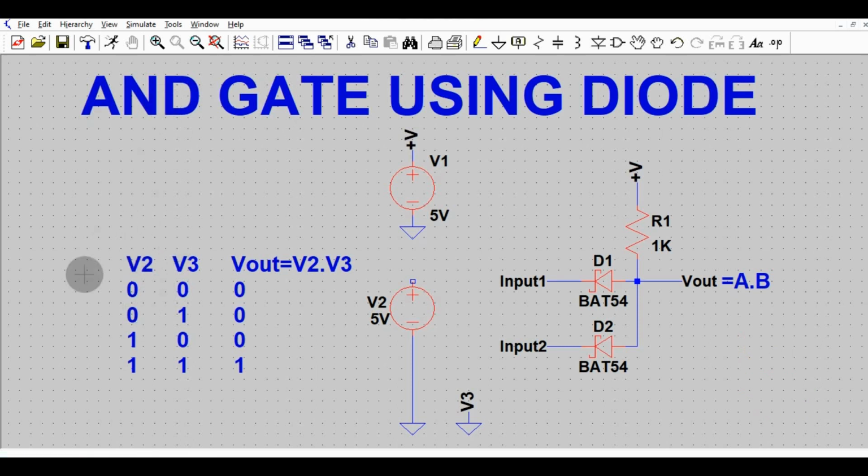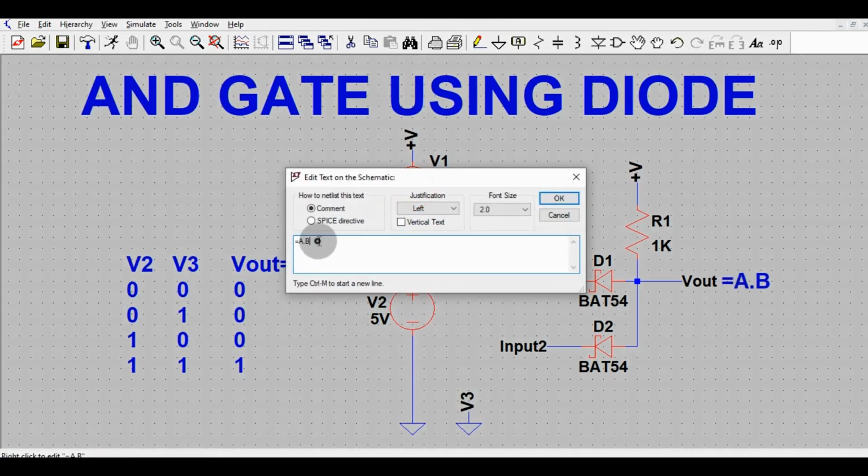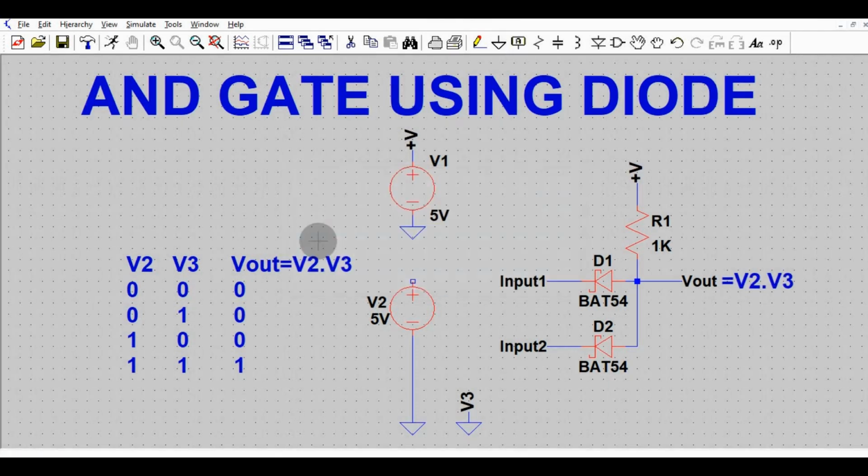In the AND gate, if you have two inputs V2 and V3, and let us say you have an output, this is the logical AND of V2 dot V3, right?